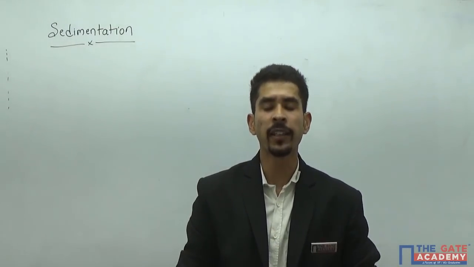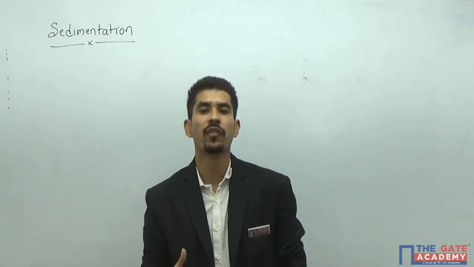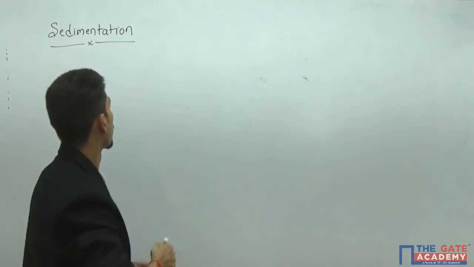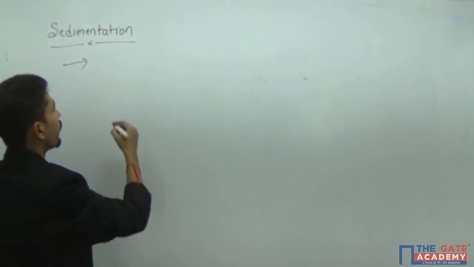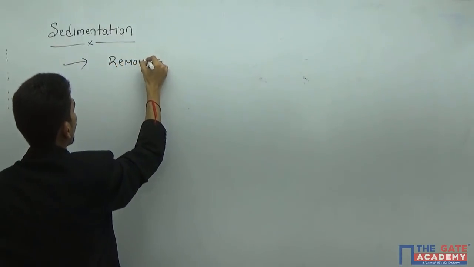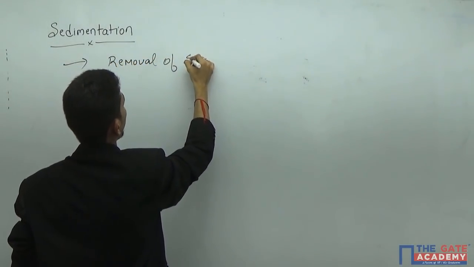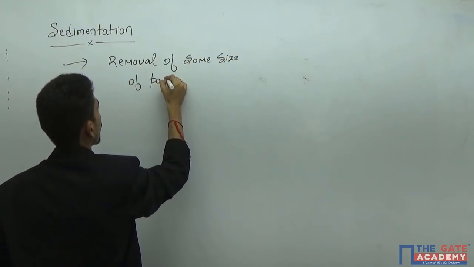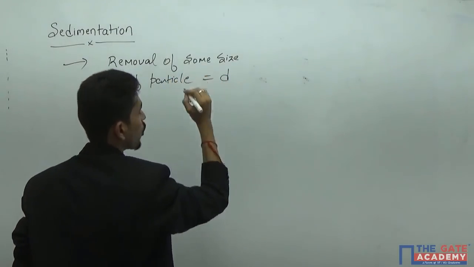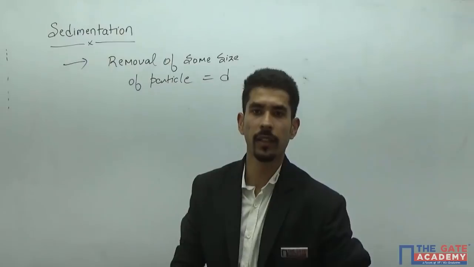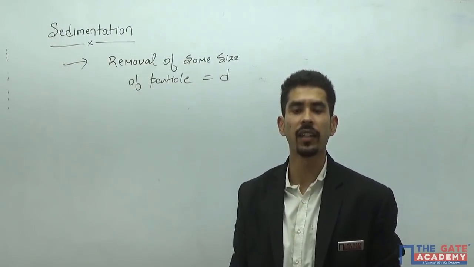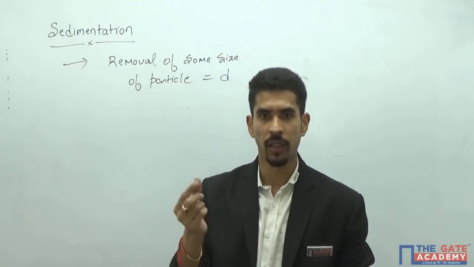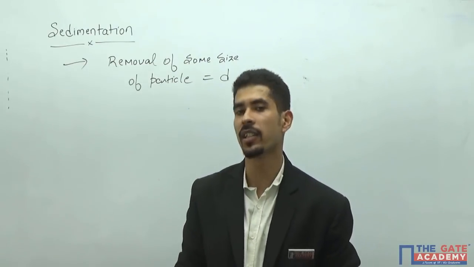The sedimentation tank is designed for the removal of some particular size of particle, some value of D. Let us suppose I will design my sedimentation tank for the removal of a minimum size particle, say 0.3 mm is the size which I want to remove.